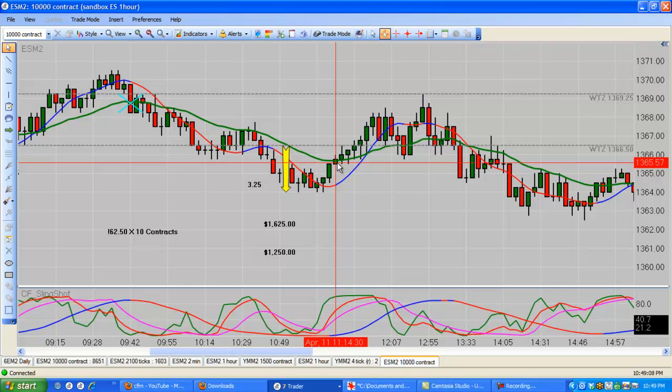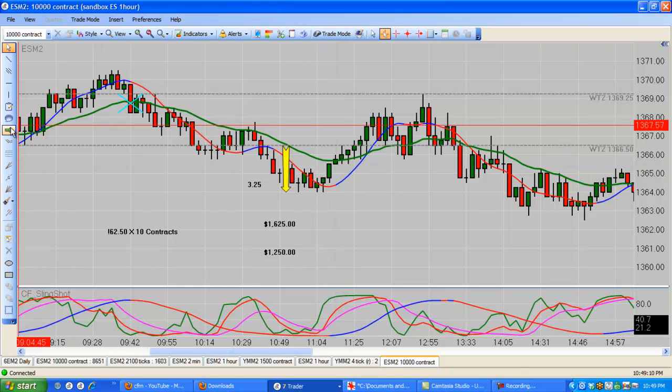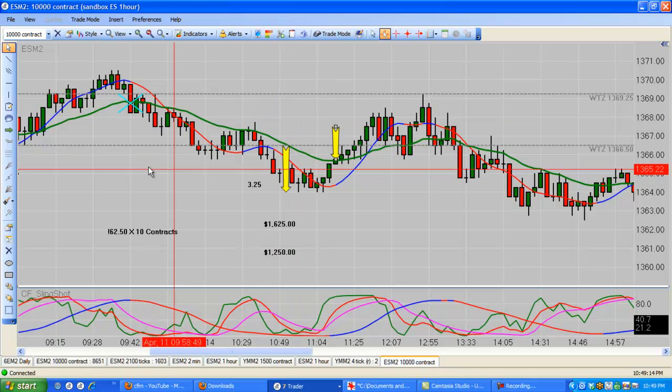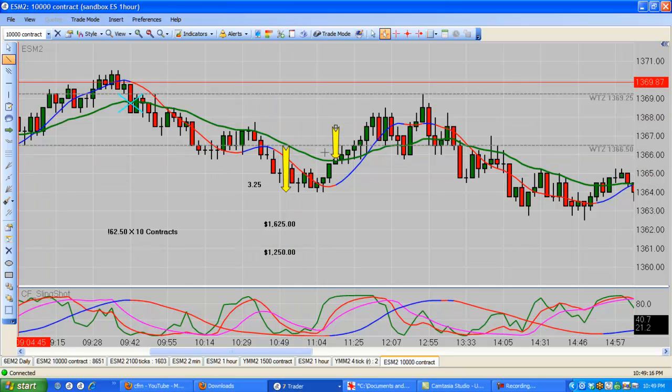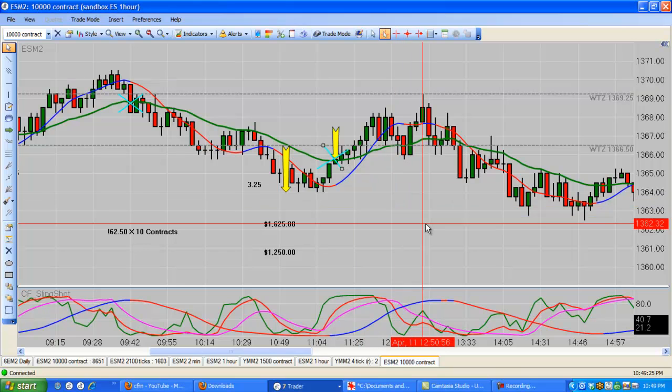Okay, the short entry would be right here, and you would be stopped out of that trade for a maximum of 2 points, possibly less depending upon how you manage the trade, but no more than 2 points.